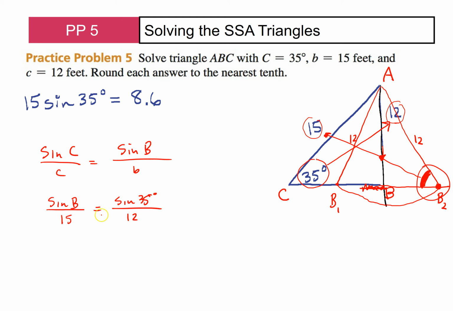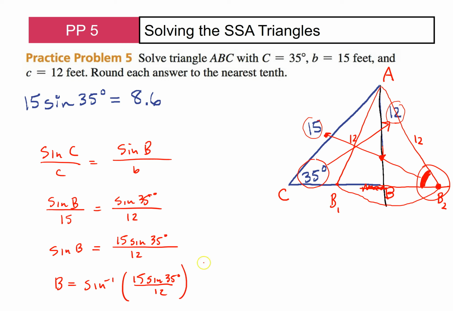If I multiply both sides by 15, I get 15 sine of 35 over 12. Then I take the inverse sine: inverse sine of 15 sine 35 over 12. I'm punching that into a calculator. Again, be careful and make sure you're in degree mode. We get 45.8 degrees.